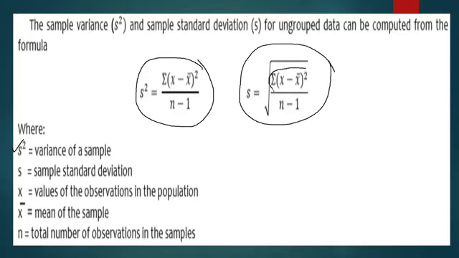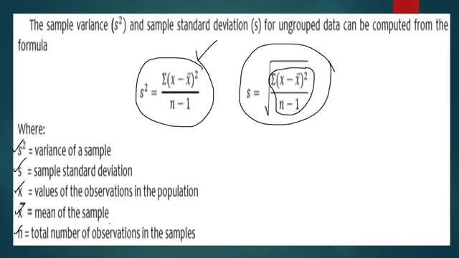This is simply the variance. So whatever is your answer in the variance, get its square root. That is the sample standard deviation. Now, you already know what X is. This is given. These are the values of the observation in the population or in the sample. We have here mean of the sample and the total number of observations.